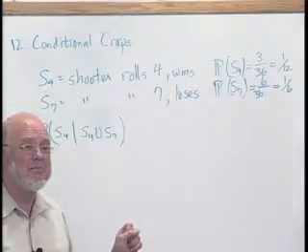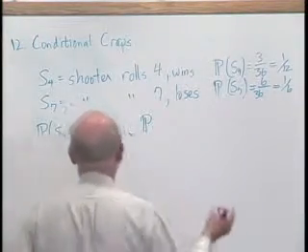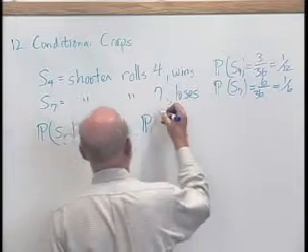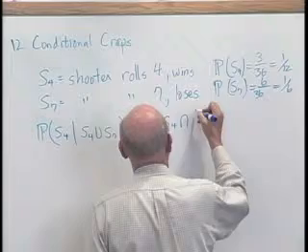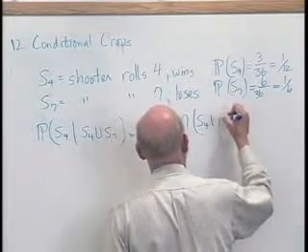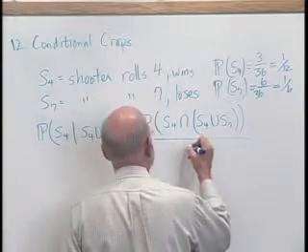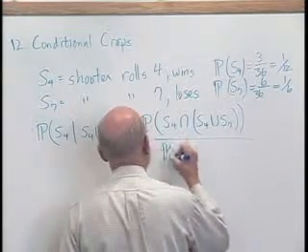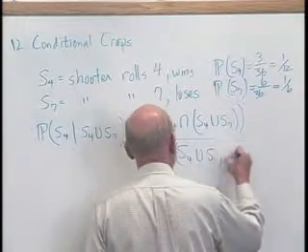So far, so good? Now, what is this? Well, we can blindly use the definition of conditional probability: the probability of S4 intersect the union of S4 with S7, over the probability of S4 union S7.